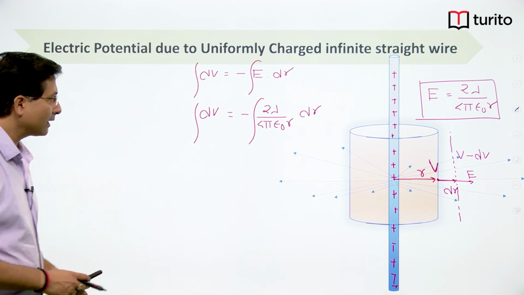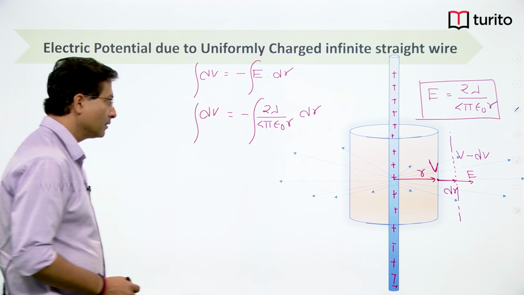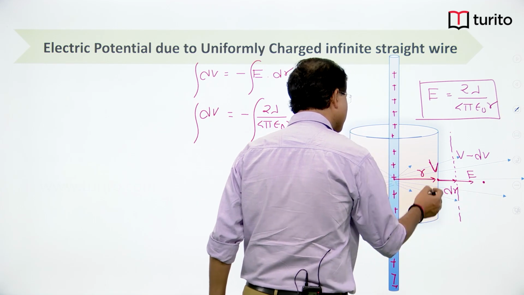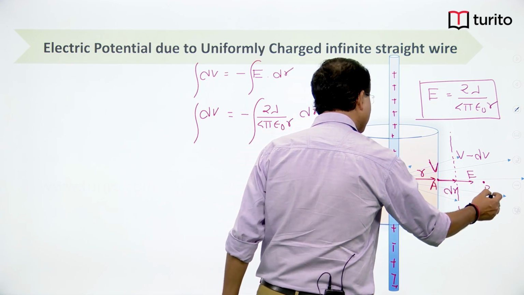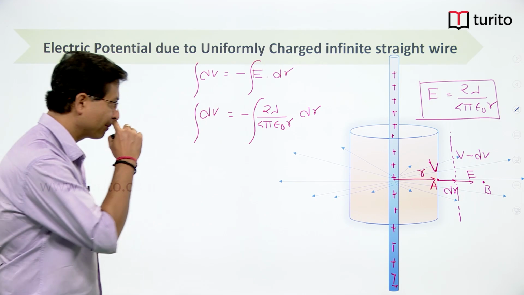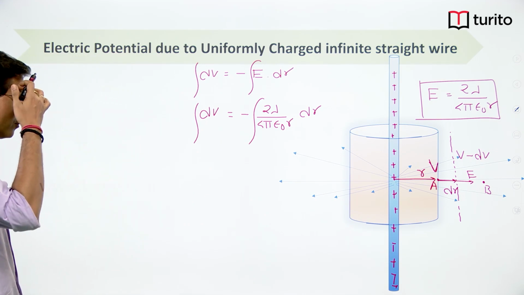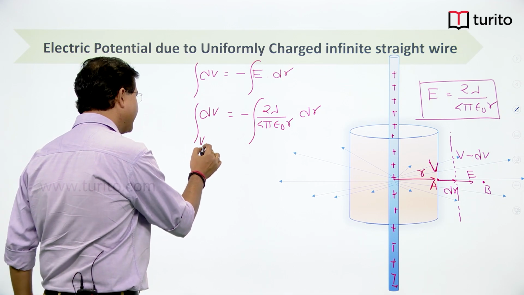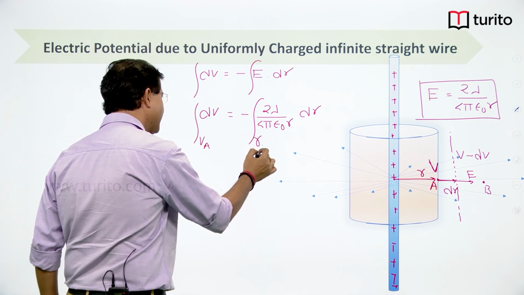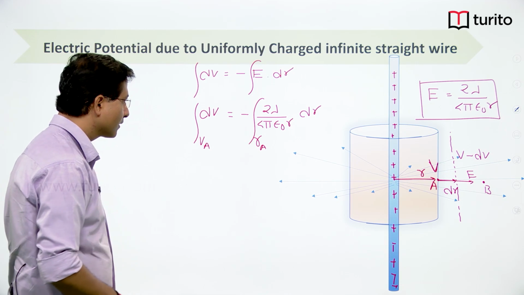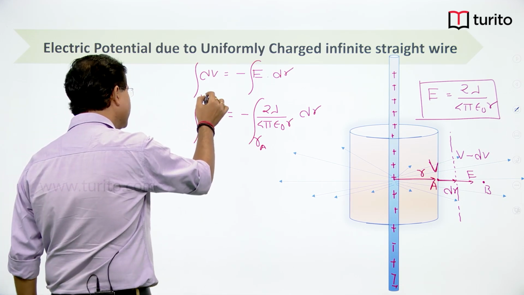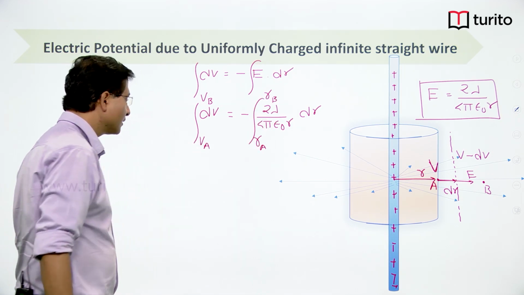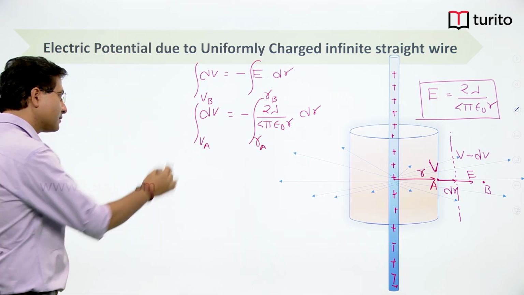So I can put the limit from position A to some position B, going away from the wire. Potential at A, position at A, potential at B, position at B. Let us do the integration.